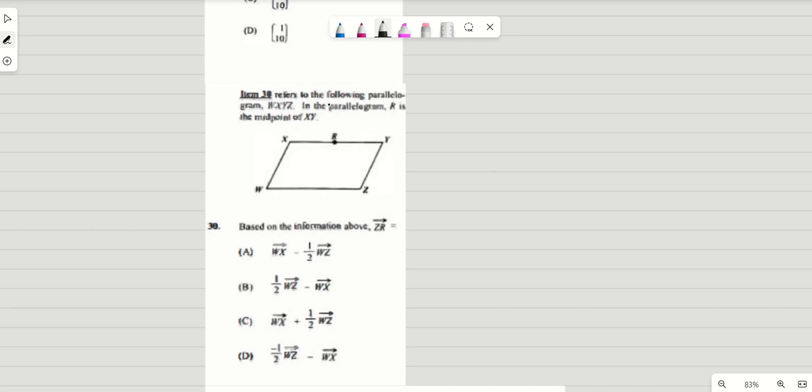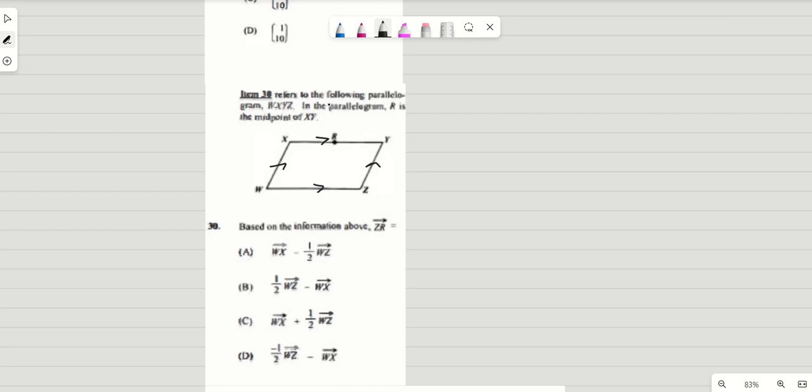So first off, because it is going in WXYZ, we can say WX is going in this direction, right? XY is going in this direction, Z this direction. It has to go in the same direction. Now they said what is ZR? We're starting from Z and ending at R. R is our midpoint.